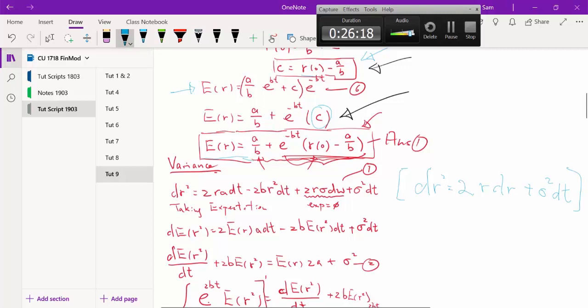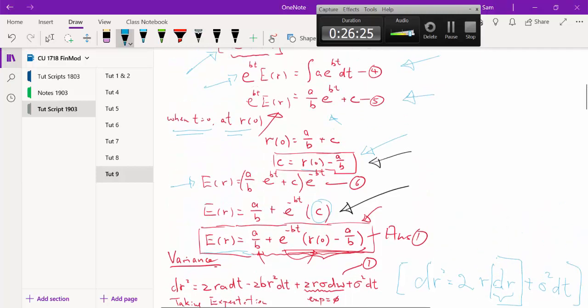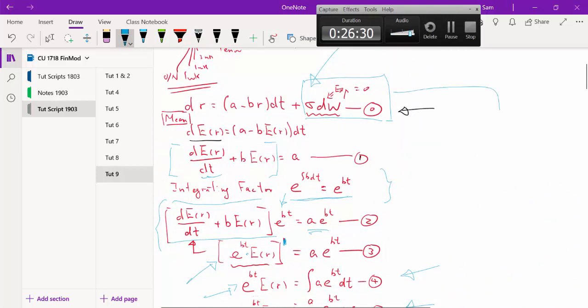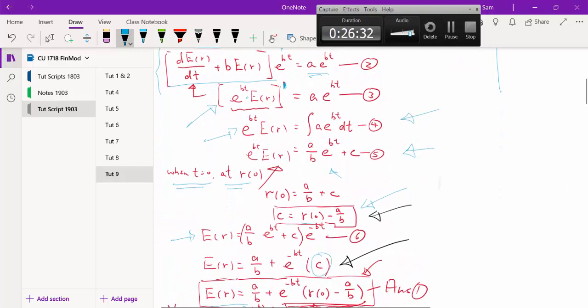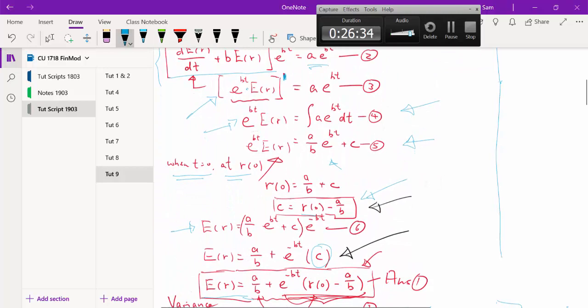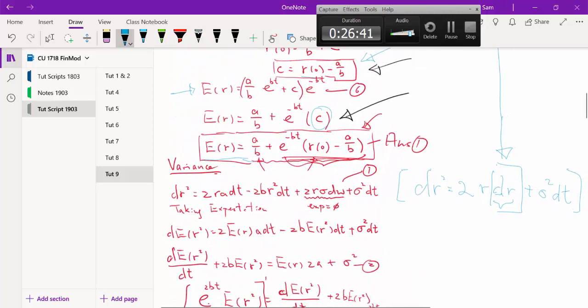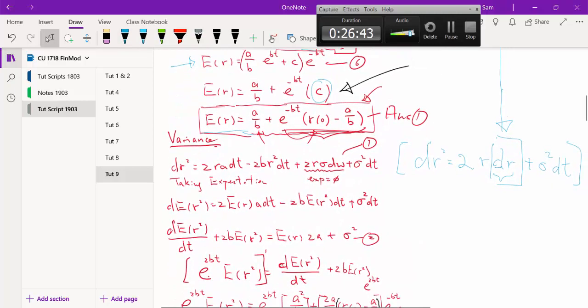So you just multiply, so this dr term is the original formulation up here. So you're always going to need that when you want to solve for the variance. And then if you multiply that functional form into 2r, you get this expression here, number 1.